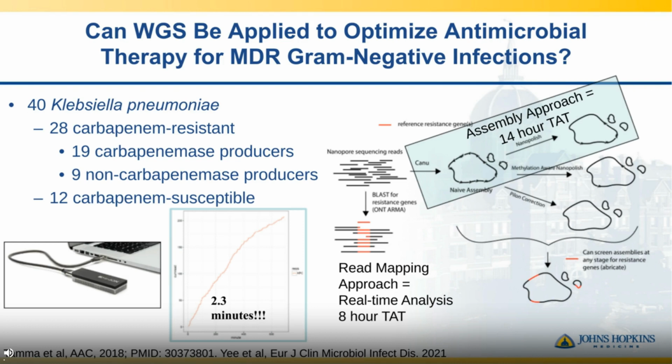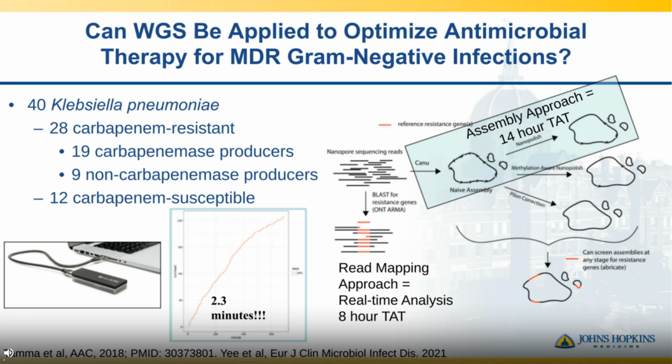And so this has a benefit of being able to detect antimicrobial resistance genes quite rapidly. And we'd previously shown in another study that within 2.3 minutes of starting a sequencing run, we could detect KPC in a KPC producer. And so in this study, we wanted to see if we can use this real-time whole genome sequencing approach using Nanopore to optimize antimicrobial therapy for multi-drug resistant gram-negative infections, specifically for carbapenem-resistant organisms.